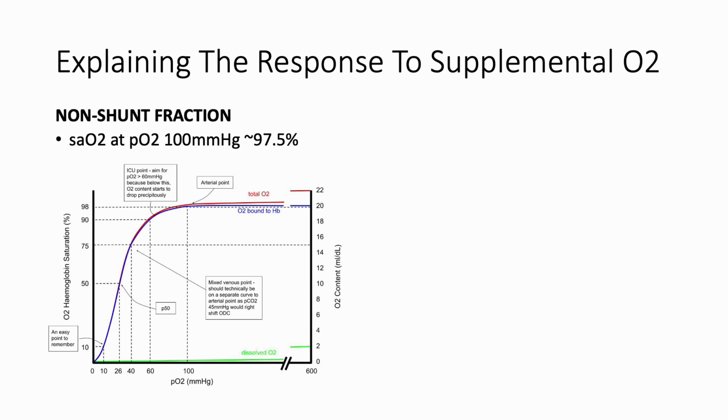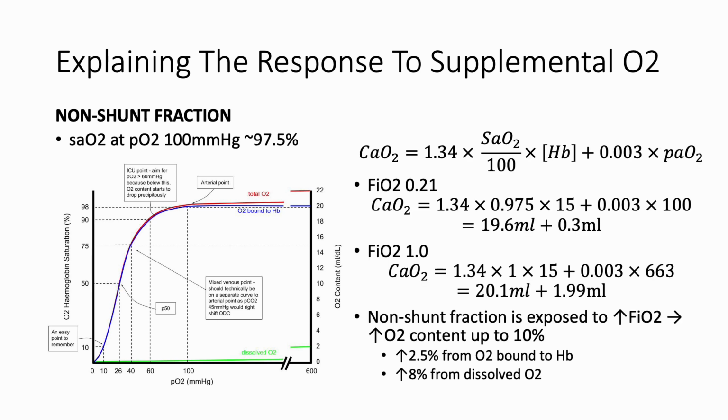We'll start with the non-shunt fraction. Previously, we'd said that increasing the PO2 over 100 didn't significantly increase the oxygen content, but we need to look at that a bit more precisely now by using the oxygen content equation. Now, according to Brandis, when PO2 is 100, hemoglobin is not actually 100% saturated, but close to 97.5%, which means that there's a potential of increasing the saturations by another 2.5%.